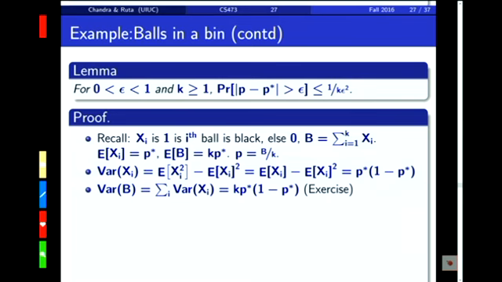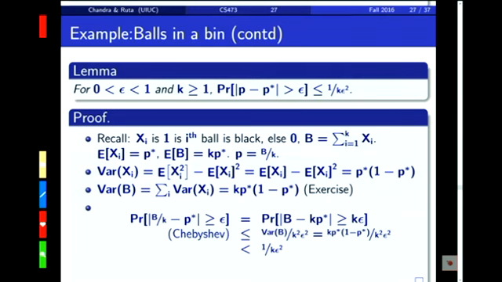Now let's look at this quantity, where the estimate is b over k. I replaced it here and multiplied both sides by k. So I get this, and kp star is exactly the expectation of B, and that deviation is at least k epsilon.